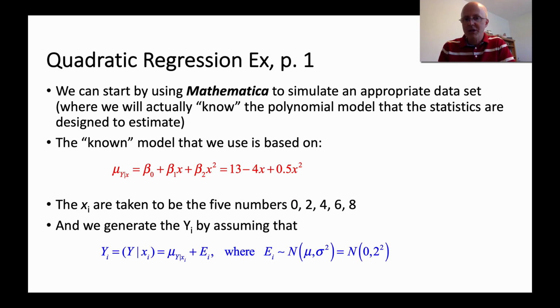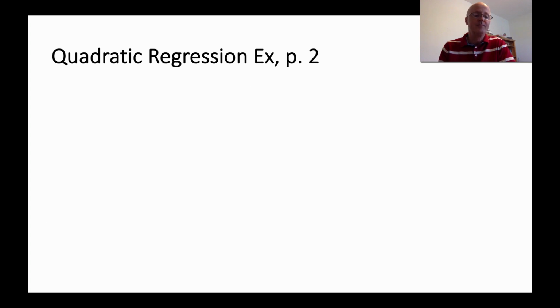By the way, with this notation in this class, we always do N of mean comma variance, though I should warn you that other classes might do N of mean comma standard deviation. In fact, Mathematica does the mean comma the standard deviation. So it's different than what I'm doing here. I'm doing the mean and the variance. The variance is 2 squared, which is 4. The standard deviation is 2.